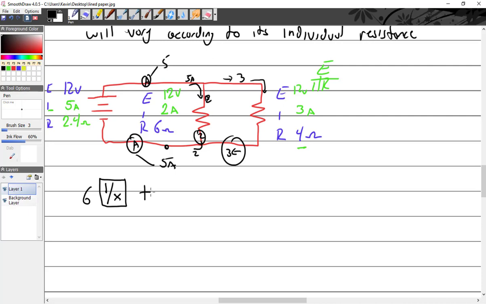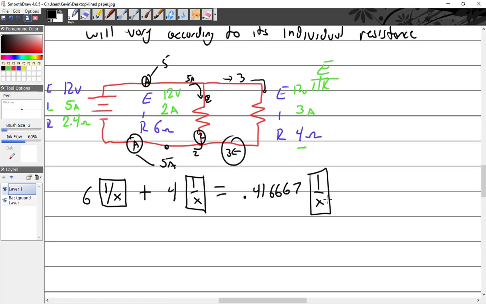Then I hit plus, and I hit 4, and the 1 over X key, and then I hit equals. 6, 1 over X plus 4, 1 over X equals 0.41666, on and on. But that's not my answer. I'm going to hit the 1 over X key again.